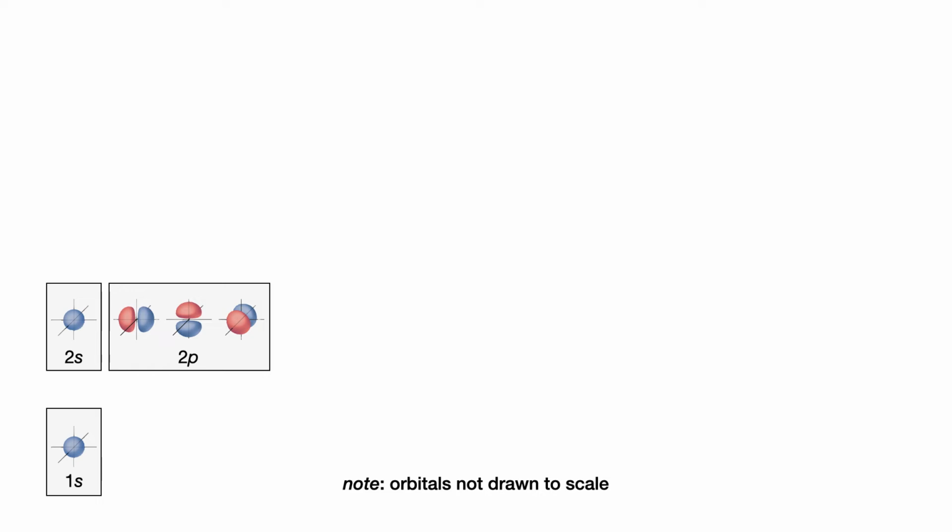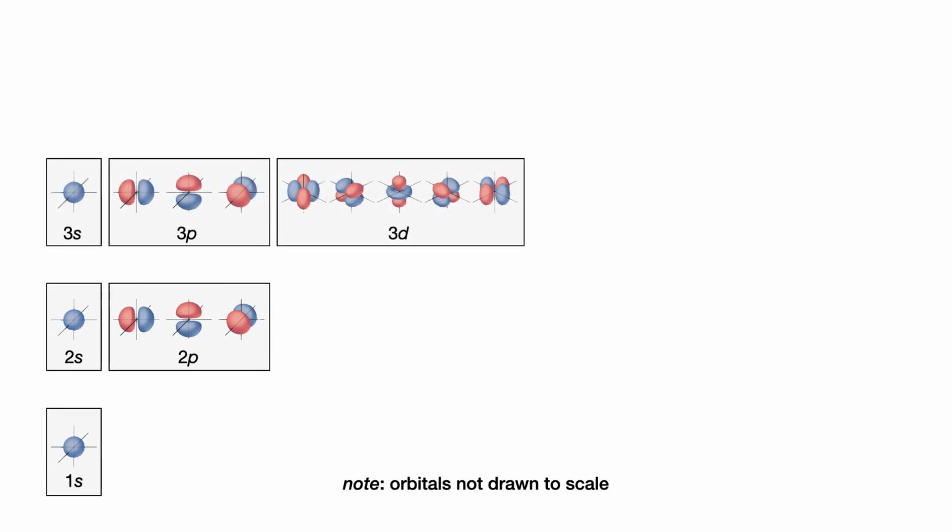Although there are different ways to draw them, this is the most common way that you'll see them visualized. The third energy level has even more energy, and it is able to exist in three different sublevels. So you've got the S sublevel, the P sublevel, and now there's enough energy to have a D sublevel. And as before, there's one orbital in the s sublevel of the third energy level.